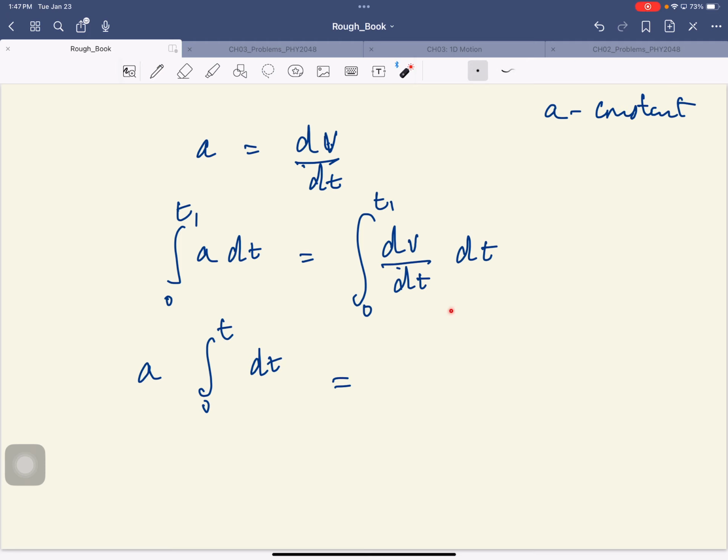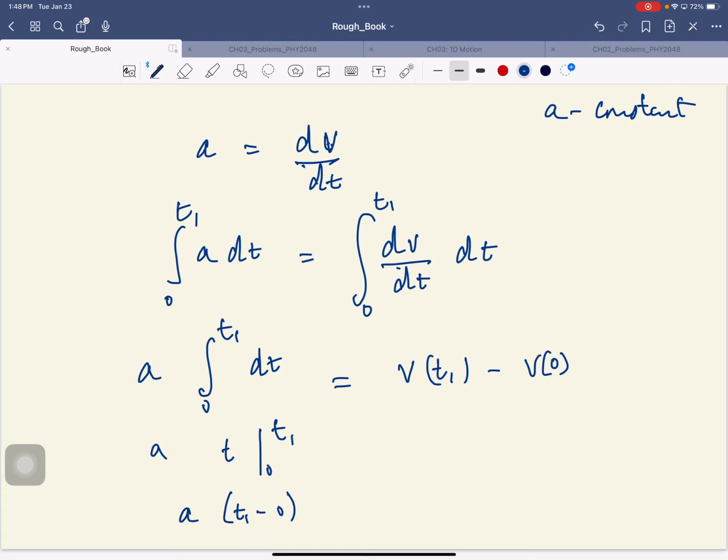And this, from the fundamental theorem of calculus, is velocity at t1 minus velocity at 0. The integral of that is just t, from 0 to t1. So a t1 minus 0 is equal to v(t1) minus v0.